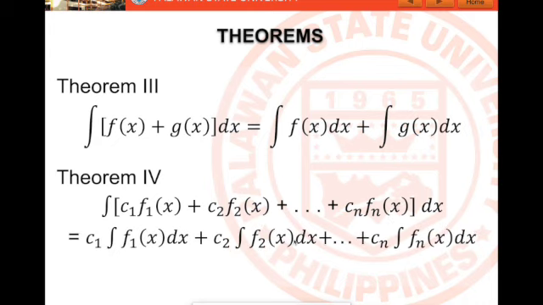We will just separate each one. Theorem number 4 is just the combination of theorem number 2 and theorem number 3 where inilabas natin yung constant and we treat each expression, ito c1 f1 x dx, as an individual function to integrate.